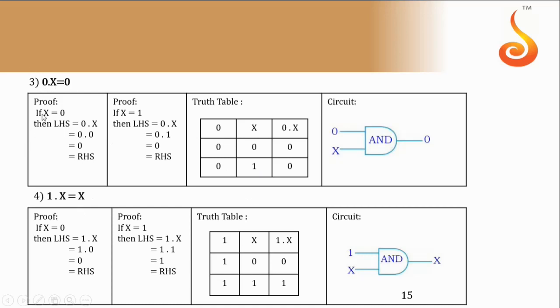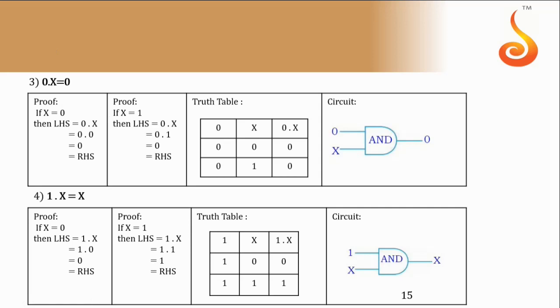The proof is, again, whenever you are writing proof, you need to write for both the values of X. If X is equal to 0, that is 0 dot X, which is equal to 0 dot 0. According to the truth table, 0 dot 0, that is when both the inputs are low or false, the output is false, which is equal to 0, that is RHS, correct? Then if X is equal to 1, LHS is equal to 0 dot X. What is the value of X?